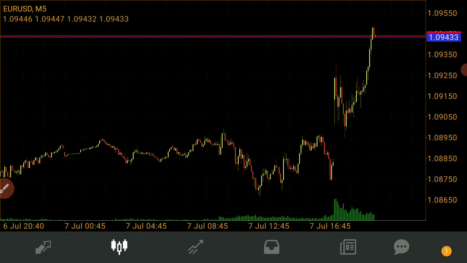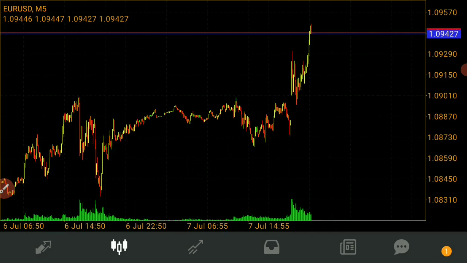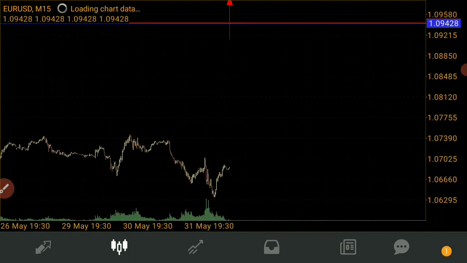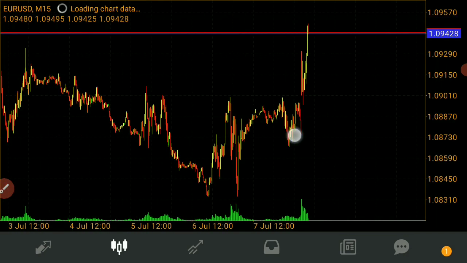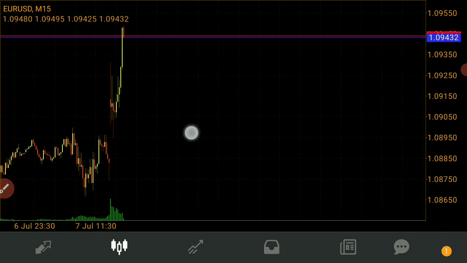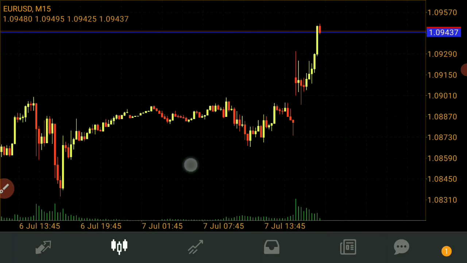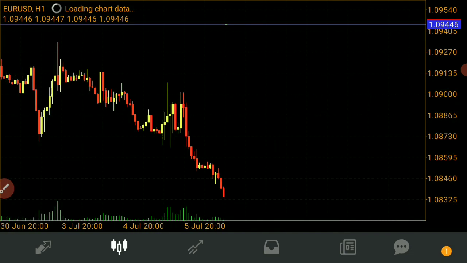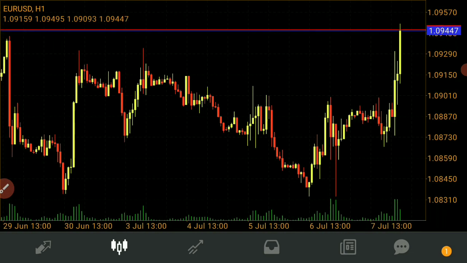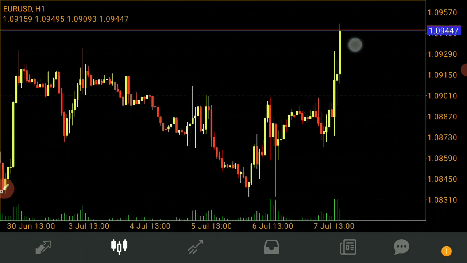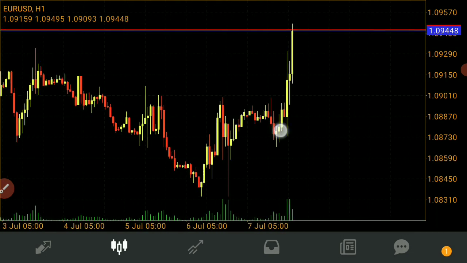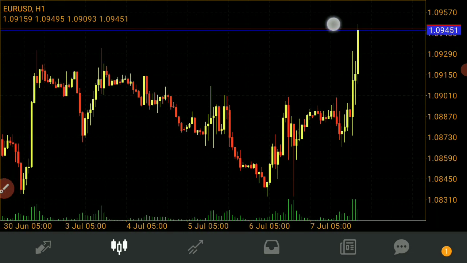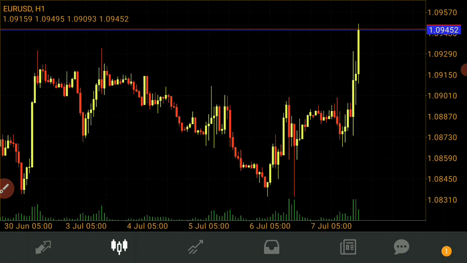Like here is a chart of 5 minutes. How is it going to move? Like today there was news, and that is what caused this movement. Let me use 1 hour and see. As you can see, the graph went up.